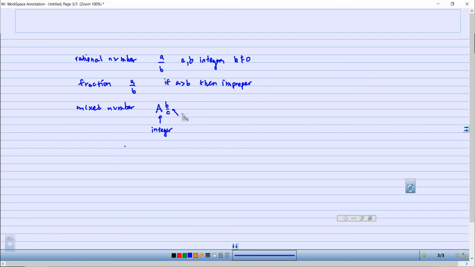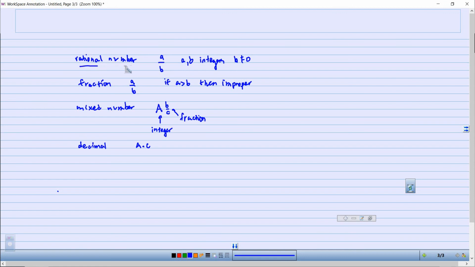And then that part right there is a fraction. Finally, the third way we can represent a rational number is as a decimal. A decimal is when we would have something like a point c, where here is our decimal point, and then we would have the place values like that.